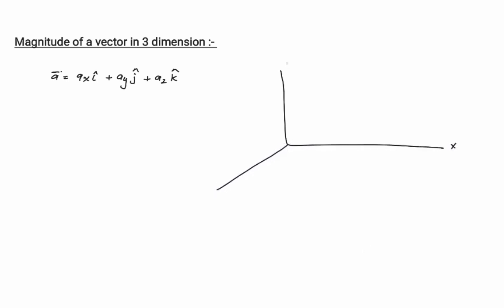This is the x-axis, this is y, and this is the z-axis. Suppose this is point A and this is the origin, and point A has coordinates x, y, z, and this is the vector ax, ay, az.